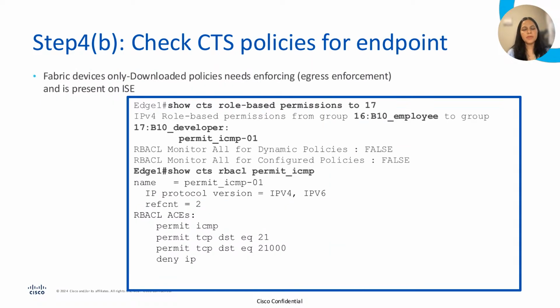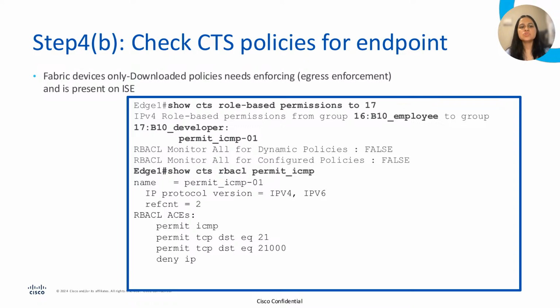Then the next bit is to check CTS policies for the endpoint. show cts role-based permissions is a command that you can use to check TrustSec policies or SGACLs on the switch. Here, this command shows what policies are applied to SGT 17 for B10 developer. That's the example that the screenshot is showing.